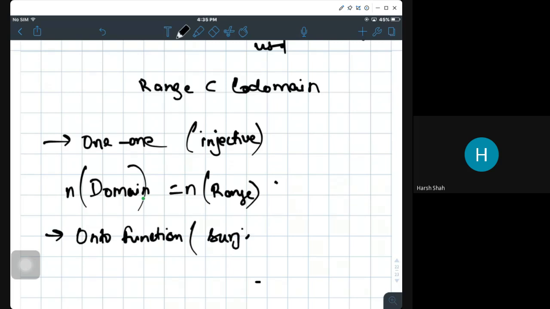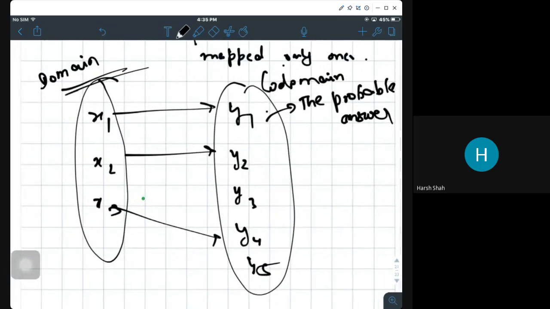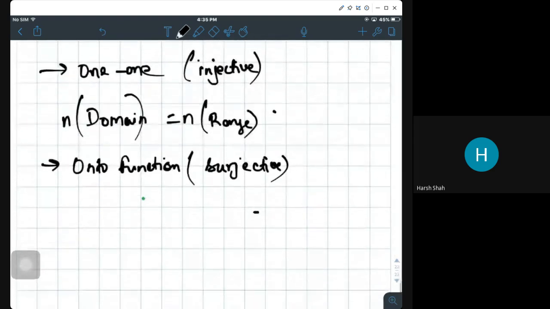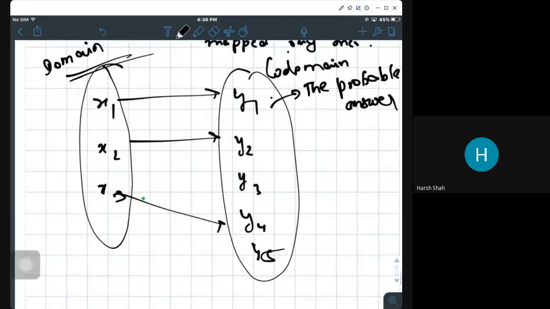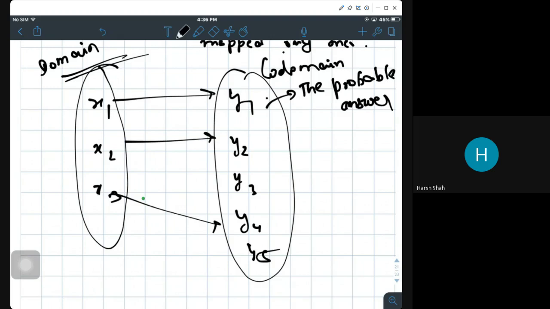Also known as surjective, it says that my codomain is equal to my range. Codomain equal to range. Now, can this function be onto? Is this function onto? No, right?